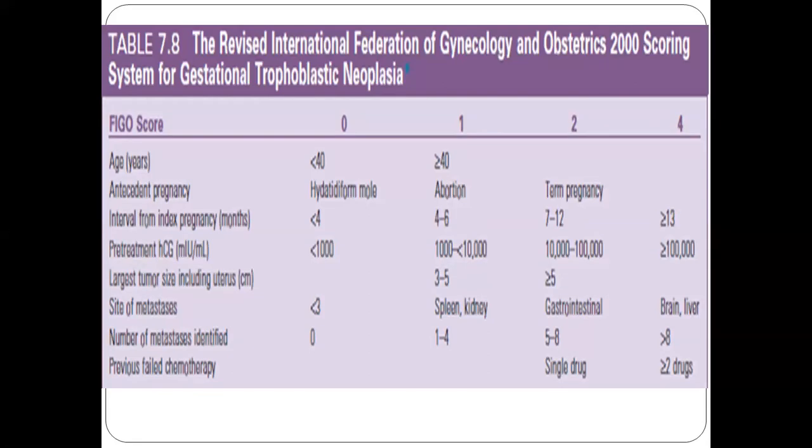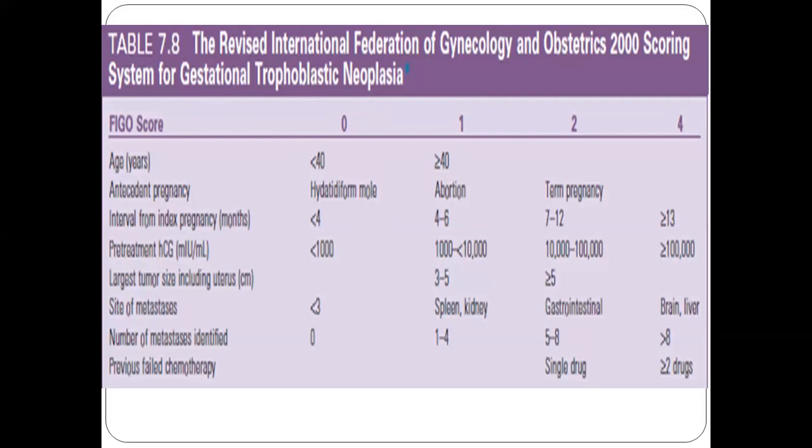One is age, whether one is 40 years and below is lower risk, above 40 is high risk. The antecedent pregnancy, whether before the diagnosis of GTN one had a hydatidiform mole, term pregnancy, or an abortion.